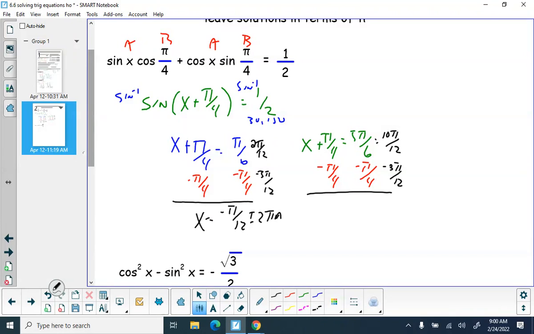So we have negative pi over 12 plus or minus 2 pi n and 7 pi over 12 plus or minus 2 pi n.